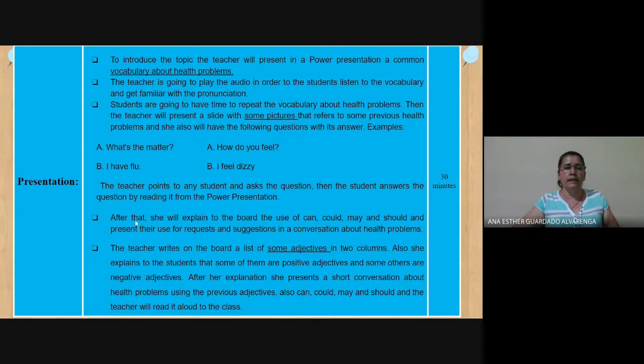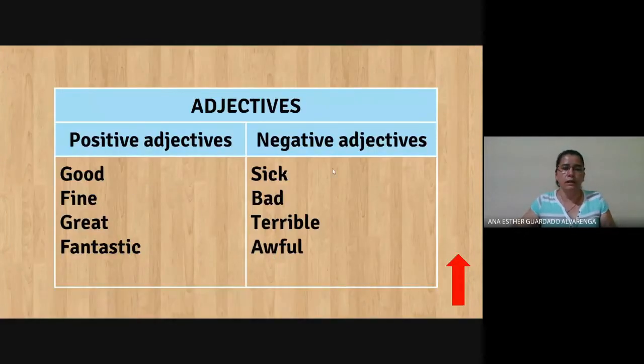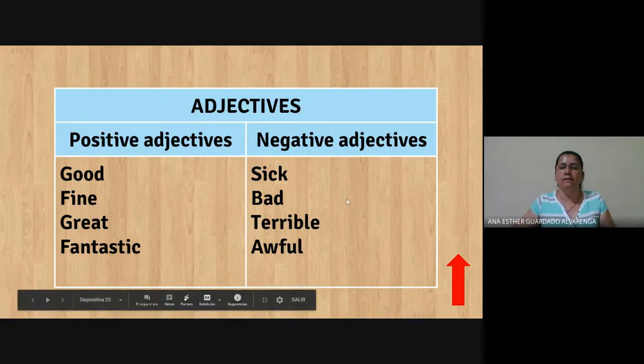After that, she will explain on the board the use of can, could, may, and should, and present their use for requests and suggestions in a conversation about health problems. Then the teacher writes on the board a list of adjectives in 2 columns. She's going to explain that these are positive adjectives and these ones are negative adjectives.